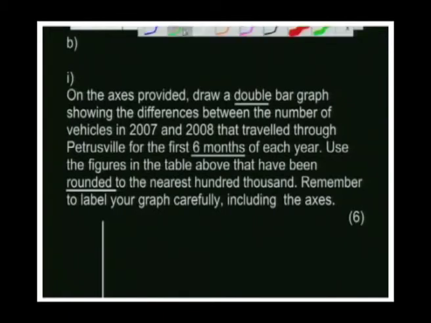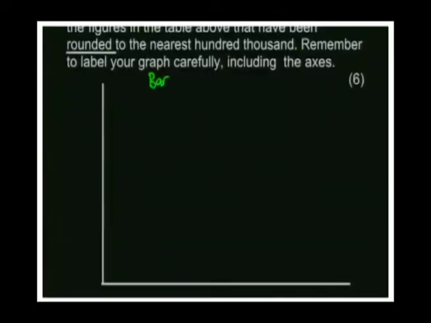So our first step is to give our graph a nice heading. And you can choose something, but I would choose something like bar graph showing a comparison in the number of vehicles.